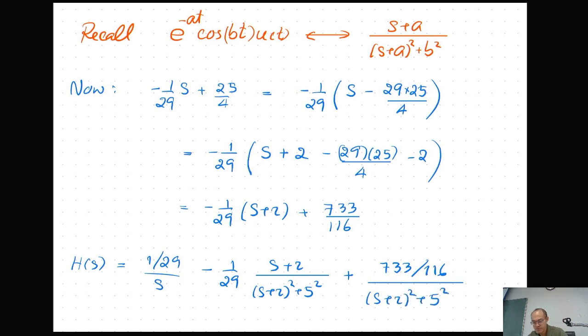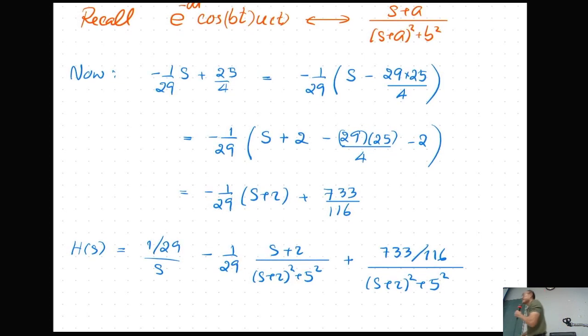Now we're almost there because we can recognize the second term now. It's right there. So I can take the inverse Laplace transform of the second term to get e to the negative 2t cosine 5t ut.